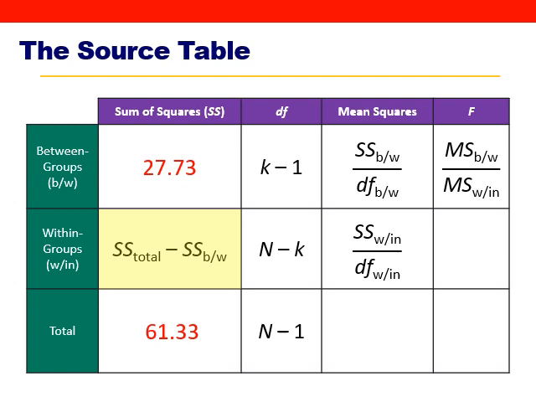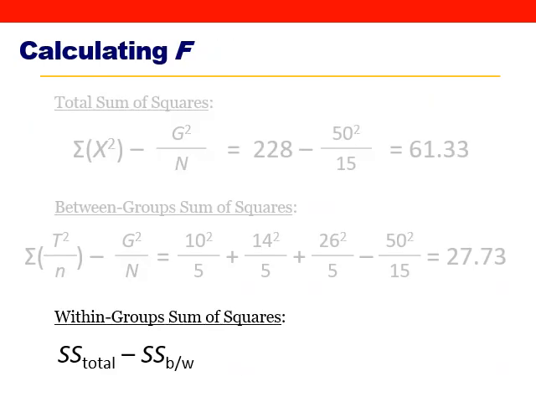Let's next calculate the within group sum of squares, which is the box highlighted on the left. That number is just the difference between the two numbers that we just calculated. In other words, to fill in this box, all we have to do is take our total sum of squares, 61.33, and subtract the between group sum of squares, 27.73. Here's that formula again.